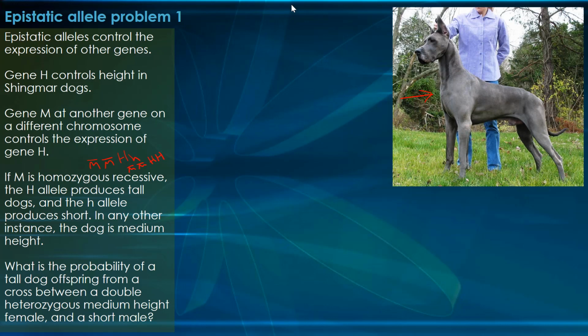In any other instance, the dog is medium. We're going to map that out and show you. There's a few examples of this. We want to know the probability of a tall dog offspring from a cross between a double heterozygous medium height female and a short male. Okay, let's do some work on this problem.